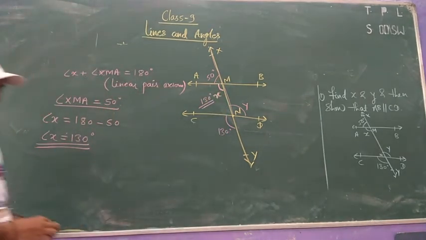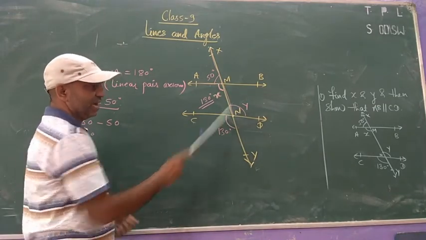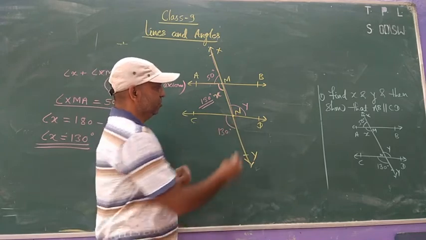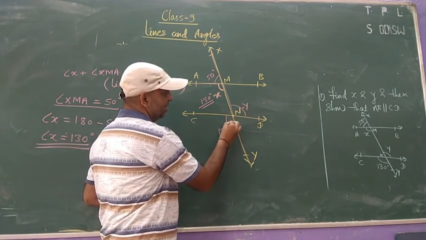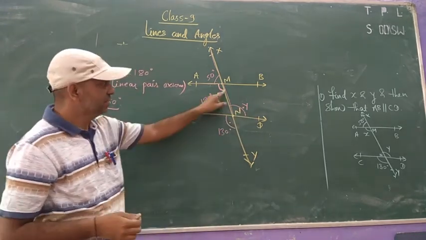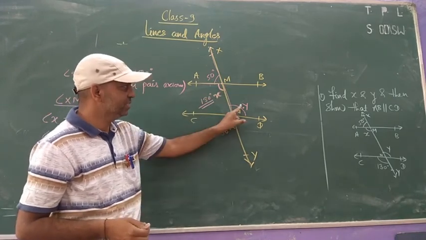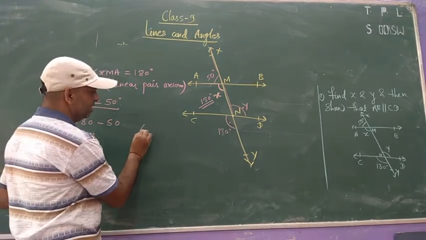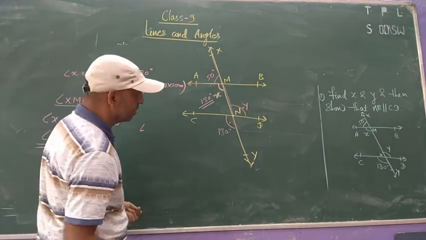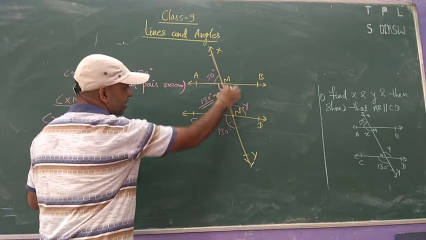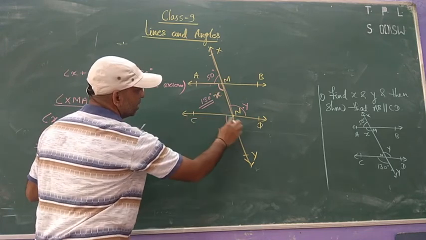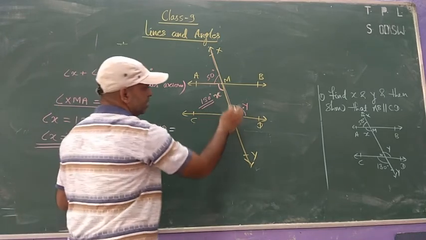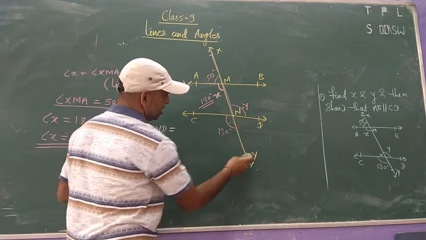Now, in case of Y, see here it is given 130. So this angle and this angle, these two lines are intersecting each other. It means these two angles are vertically opposite angles. So which angles? Angle MND is equal to CNY.